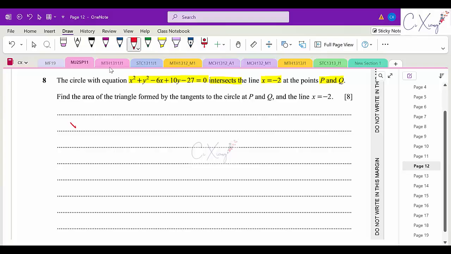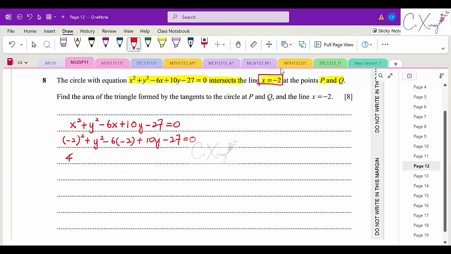To get the intersection points, basically you have to solve the equations simultaneously. And this is my circle equation. My line equation is x equals negative 2, which is very straightforward. So I will straight away substitute negative 2 into my equation here. Right, so x squared means negative 2 squared. Then y squared minus 6 times negative 2 plus 10y minus 27 equals 0.